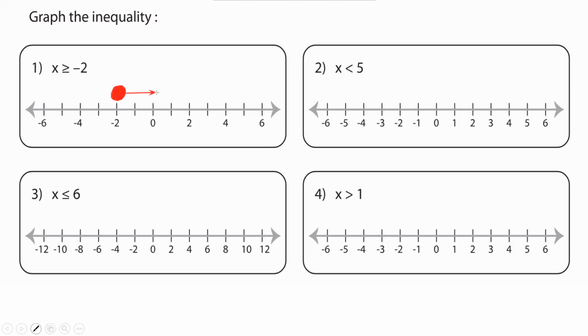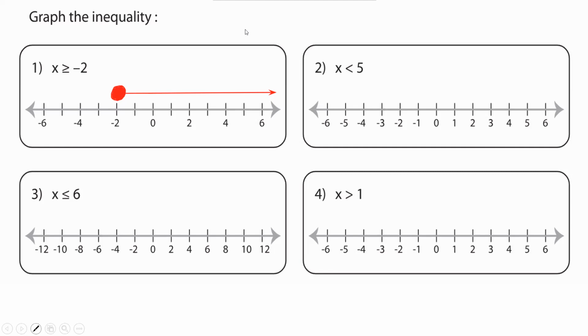Because it's greater than, we're gonna do our arrow and it's gonna go to the right. Do y'all understand that? So we do a shaded circle and we put the arrow to the right-hand side. Let me know if you understand that. Okay, good, perfect.